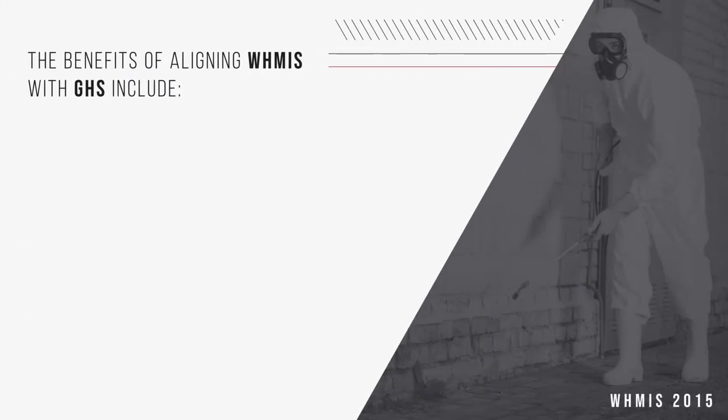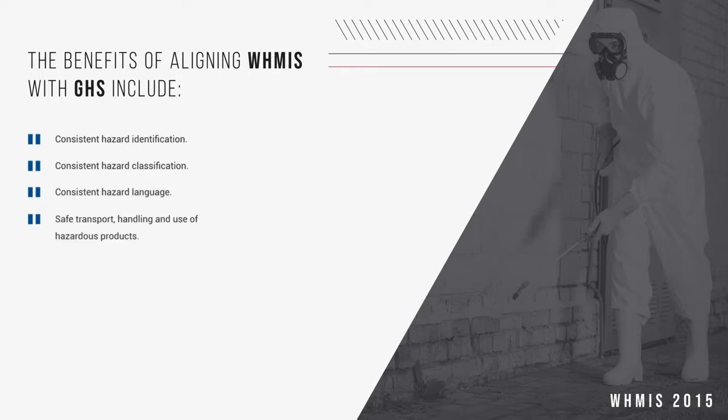The benefits of aligning WHMIS with GHS include consistent hazard identification, classification, and language, safe transportation, handling, and use of hazardous products, more effective emergency response planning, increased efficiency and reduction in cost, providing consistency for hazard communication.